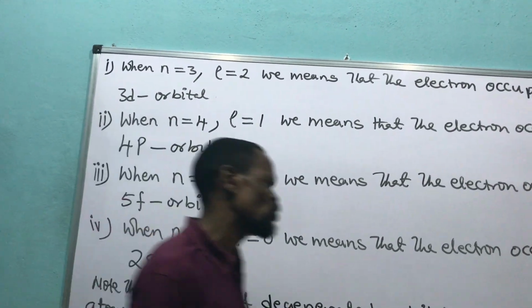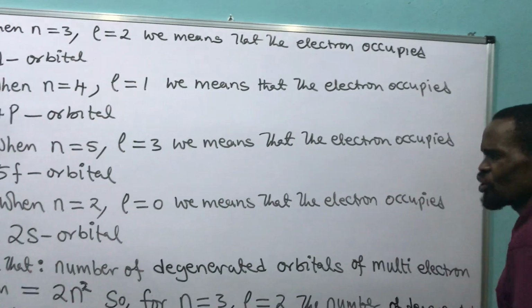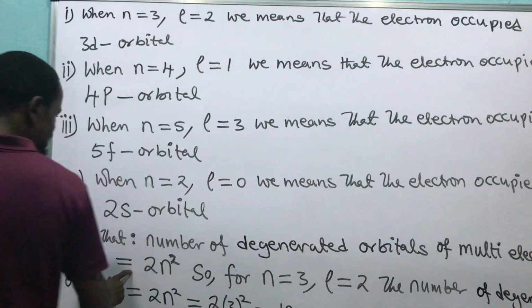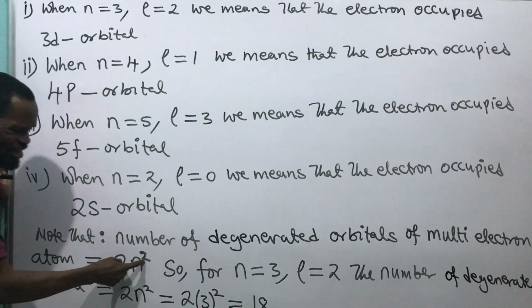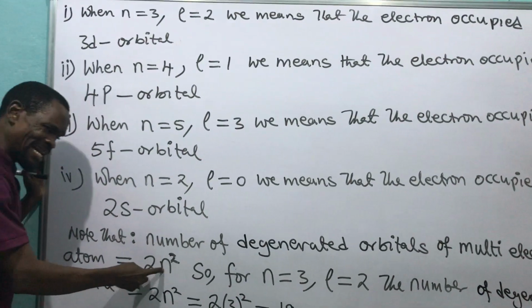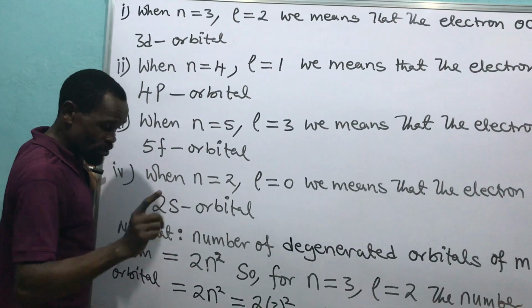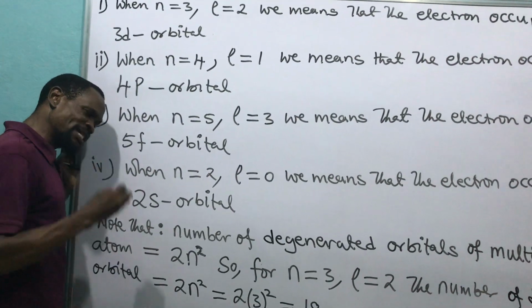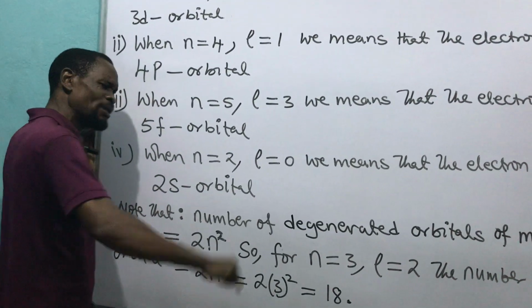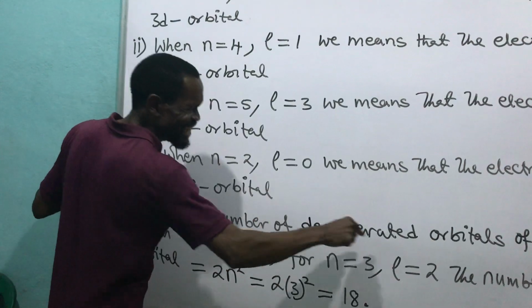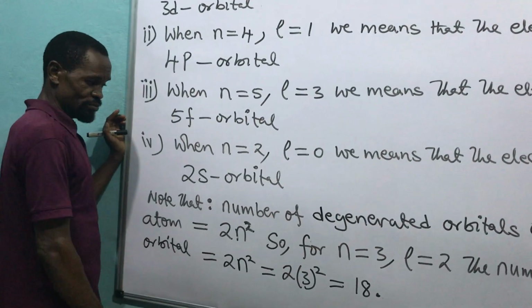Then I said, note that the number of degenerate orbitals of a multi-electron atom is equal to 2n raised to power 2. What is n? The principal quantum number. That means the principal quantum number determines the number of degenerate orbitals.